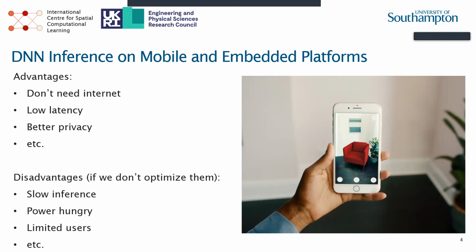Also, if a software developer only targets high-end smartphones, which have a very good GPU and NPU, then the software can only reach a very limited number of users. Software developers want their application to reach as wide an audience as possible, so they need to optimize the model properly.